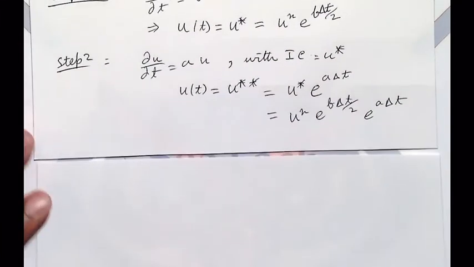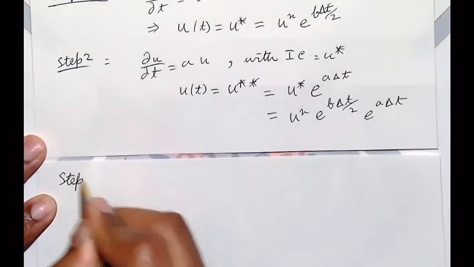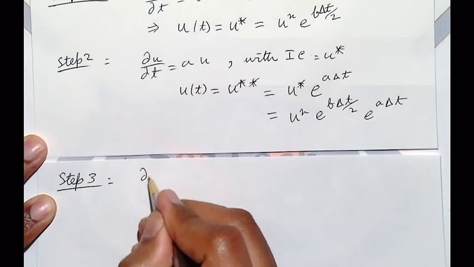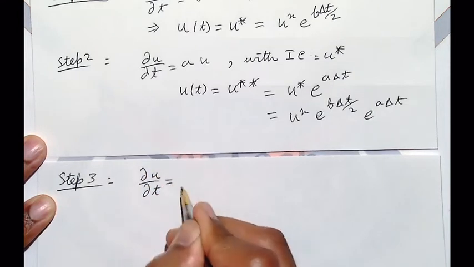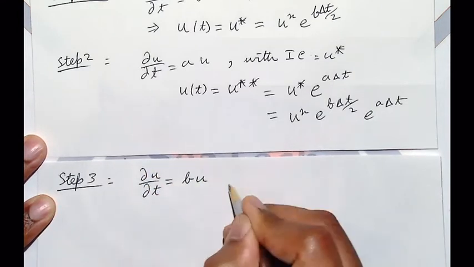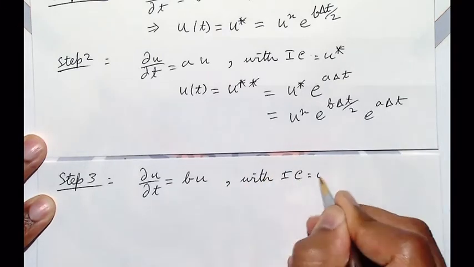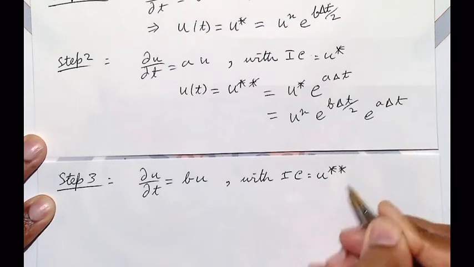Alright, step 3. What is step 3? Another half step with BU, with initial condition this time U star star. Exactly, and this is a half step.